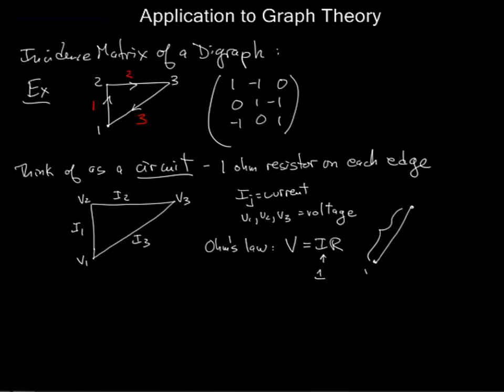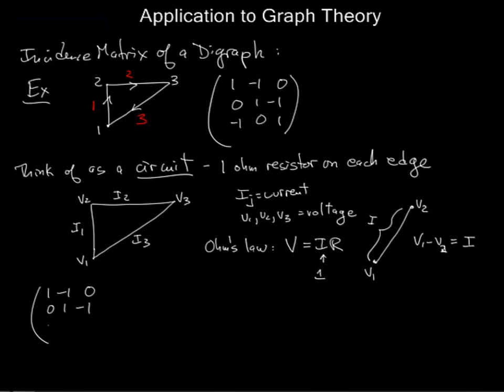And we're taking all the resistances to be 1. I labeled the I as 1. I meant to say R. Which is to say that I is the drop in voltage. I is V1 minus V2.